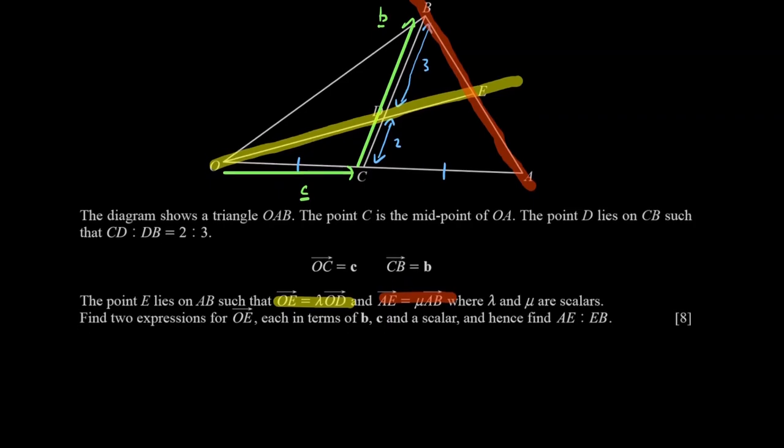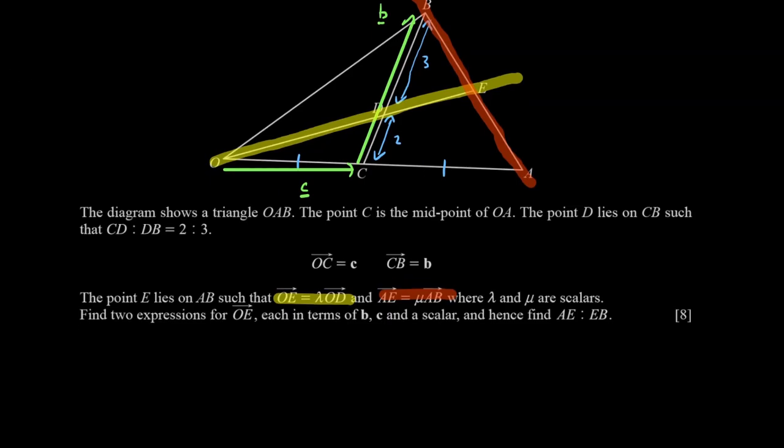So let's start with the yellow one. We're saying that OE, which is already the thing that we want, is equal to lambda OD. Then the question is, how can we find the vector OD? Well, the vector OD is the same thing as going from O to C and then going from C to D. So that's exactly what I'm going to write.